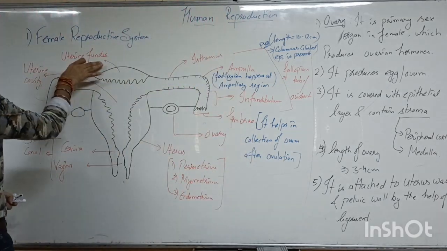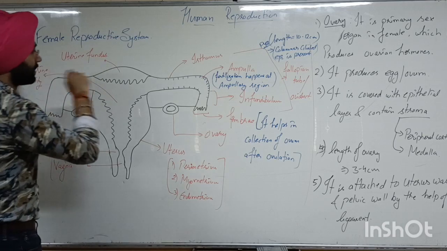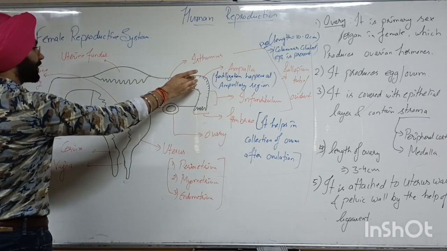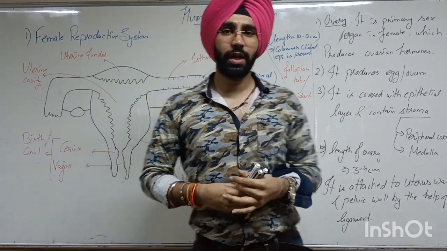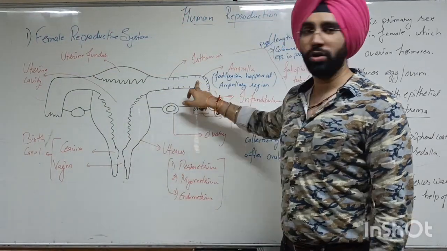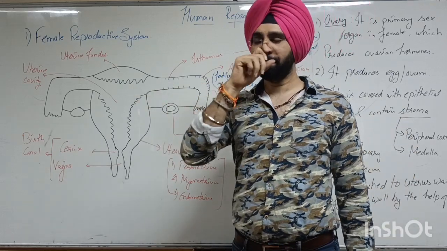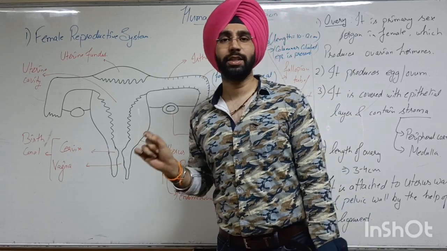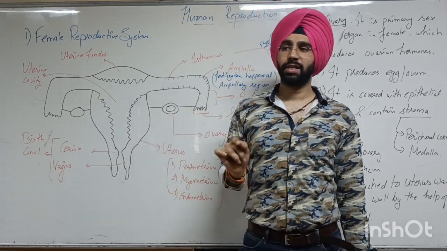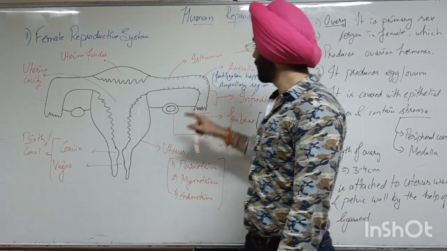This part is known as the uterine fundus and this is the uterine cavity. After fertilization over here, zygote formation occurs, and the zygote further develops through stages: morula, blastula and gastrula.